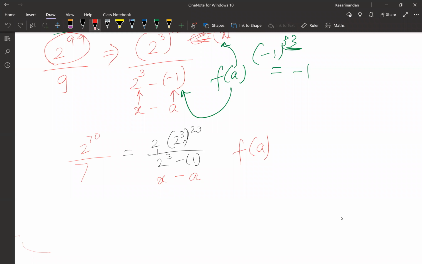Yeah, that's why I was telling you that you made a slight error at the last step. Is it clear, guys, now? How to apply f of 1? Anybody, any doubt? Ask me right now itself. Okay, I see no doubts then.